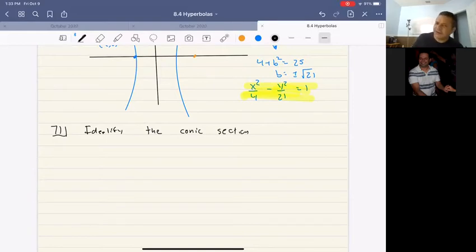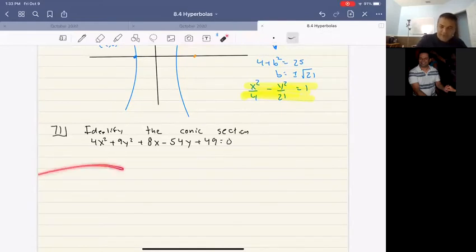I'm just going to identify the conic section because I want to show you how to do this. The equation is 4x squared plus 9y squared plus 8x minus 54y plus 49 equals 0.